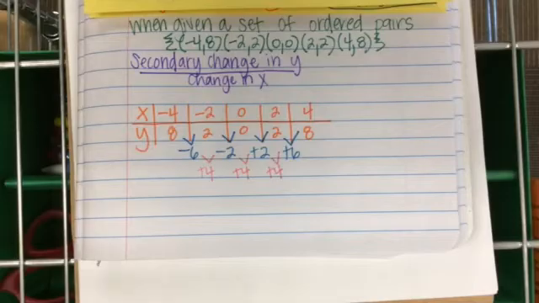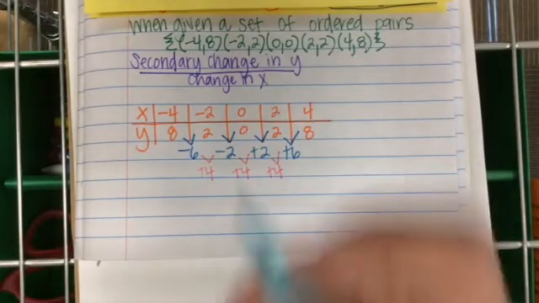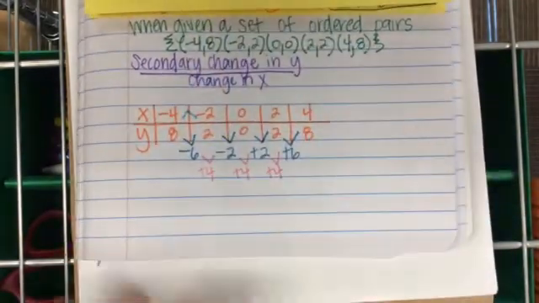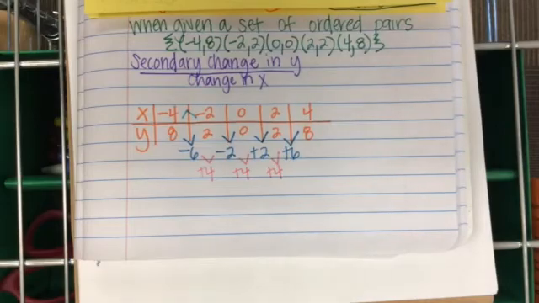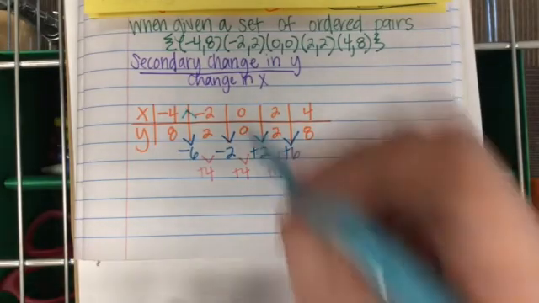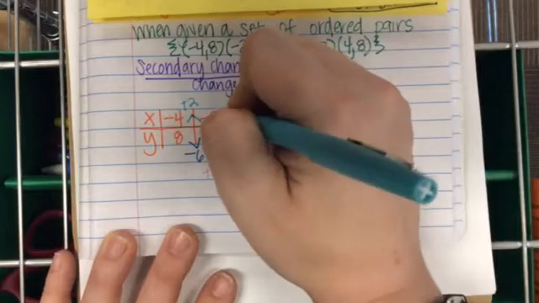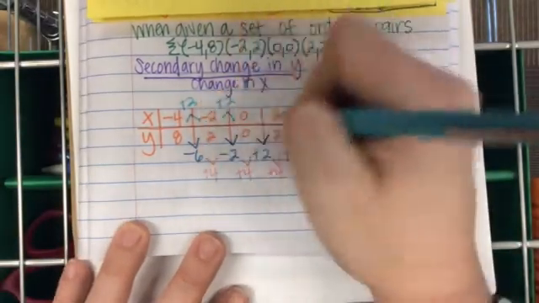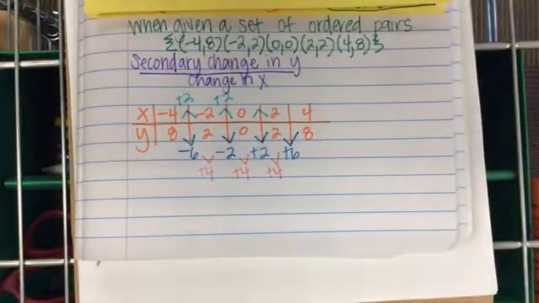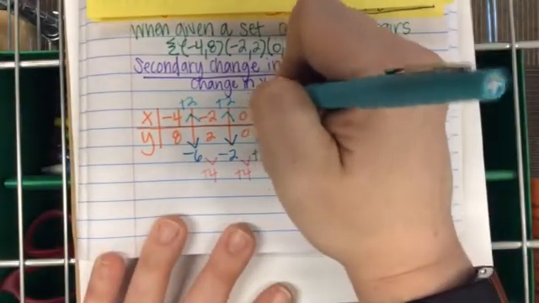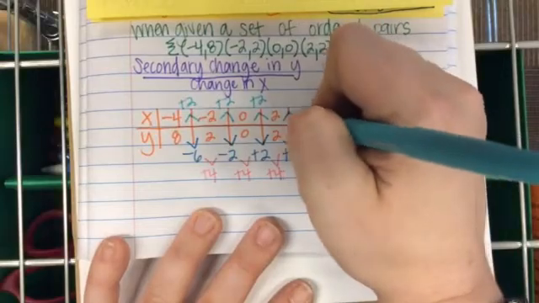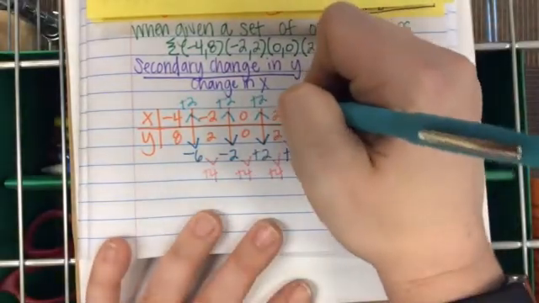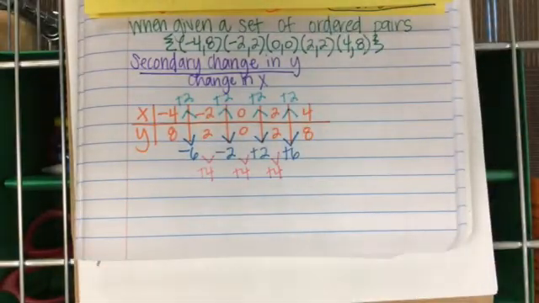Let's check our x's just to make sure, right? From -4 to -2: +2. From -2 to 0: +2. From 0 to 2: +2. And from 2 to 4: +2. So those are good.